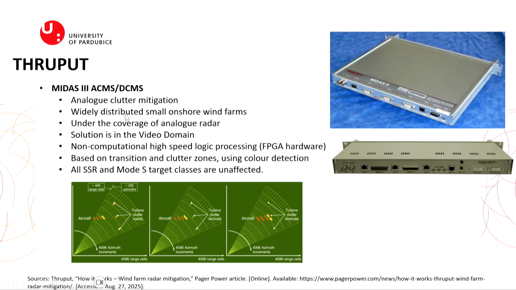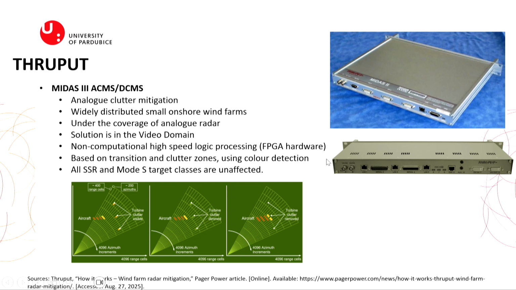It is for widely distributed small onshore wind farms under the coverage of analog or digital radar, and the solution is in the video domain. This algorithm is based on, how to say, some high-speed logic processing FPGA algorithms.